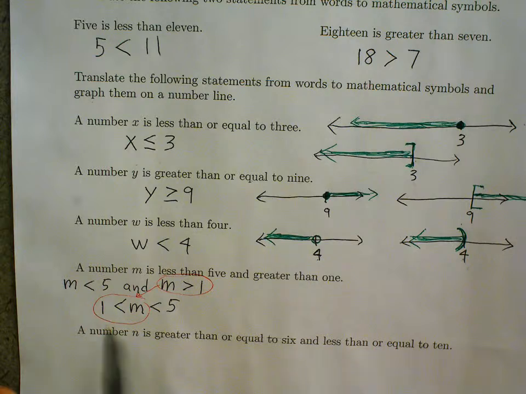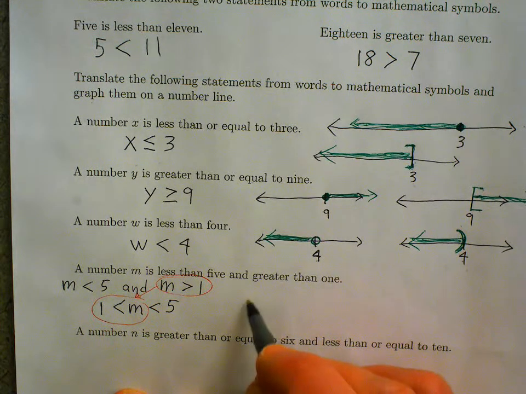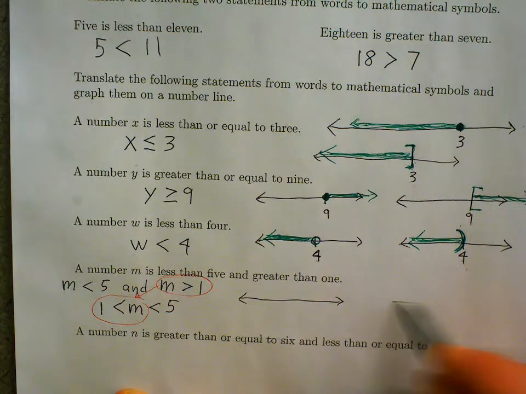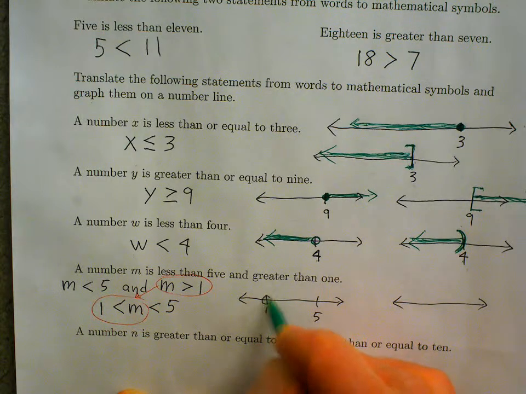Okay, we can graph this set of numbers using the symbols. So this time we plot the numbers 1 and 5. If we use open circles, we put an open circle at 1, an open circle at 5, and then m is the number, or the numbers.